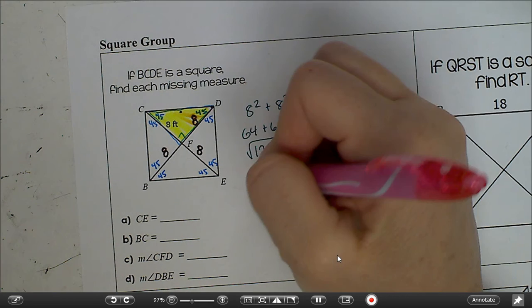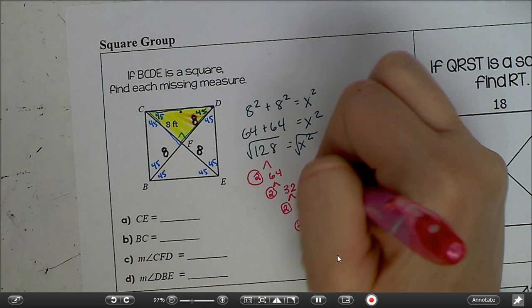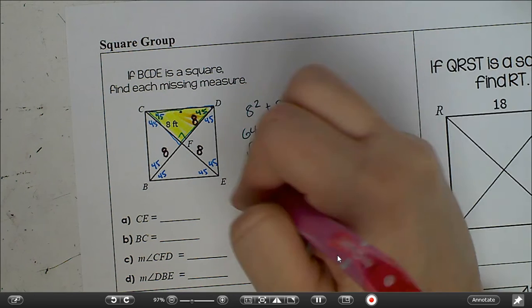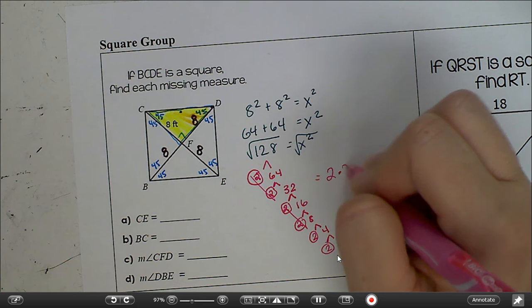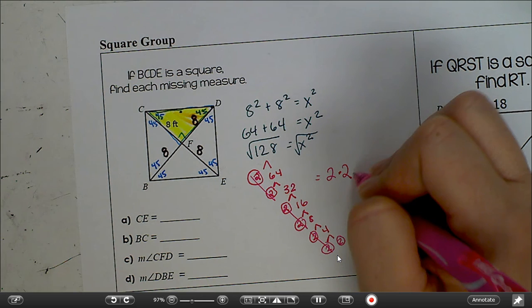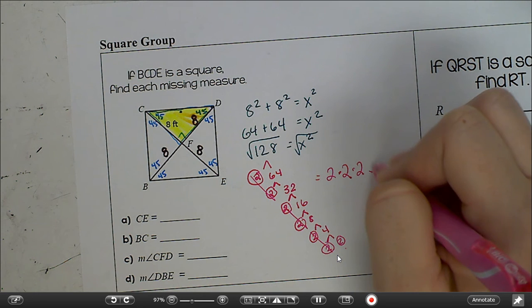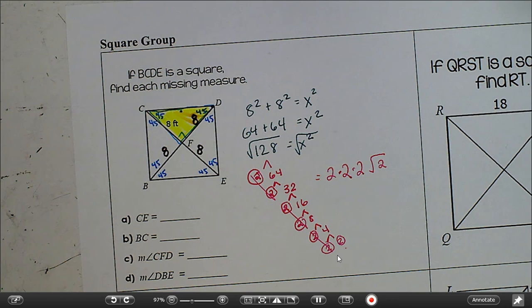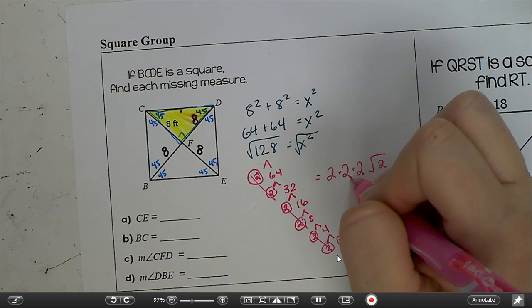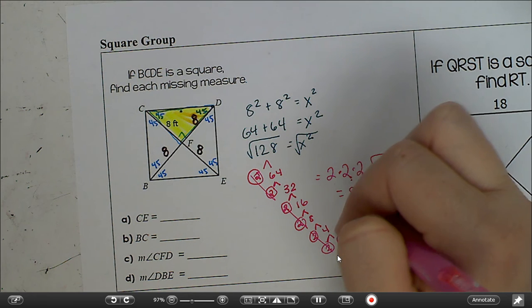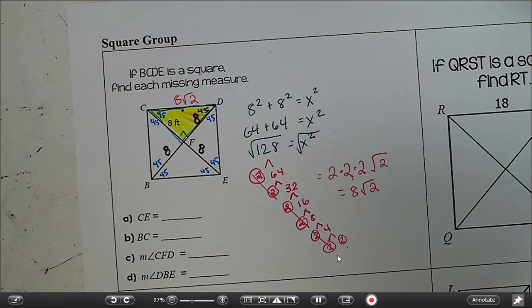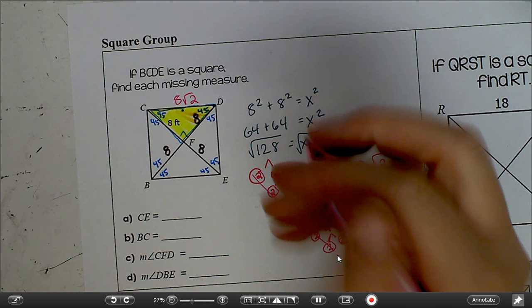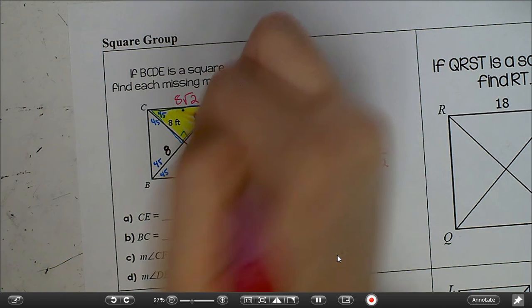Anytime we have 2 of the same, we write it down. Two more, and a leftover. So 2 times 2 is 4, times 2 is 8, 8 root 2. That's the best answer for that side. And it's a square, so all the sides are congruent.